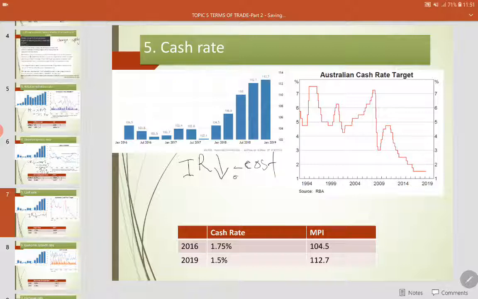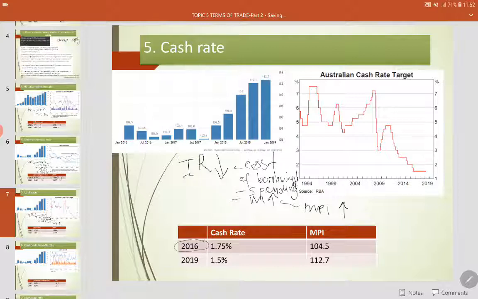The cost of borrowing will decrease, so there will be more spending, especially spending on imports will rise. When demand for imported goods rises, that will cause MPI to increase. Look at the example given.